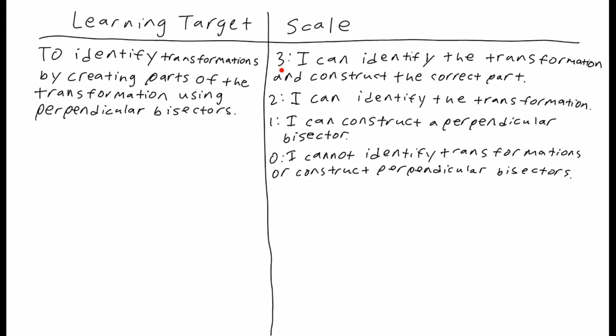For 3, you can identify the transformation and construct the correct part. 2, you can identify the transformation, but you can't construct the line of reflection or the center of rotation. 1, you can construct a perpendicular bisector, but that doesn't necessarily mean you have any idea about transformations. And 0, you can't identify transformations or construct perpendicular bisectors. You can't do either of those things.